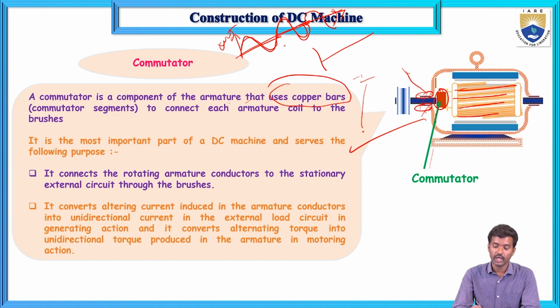This is a bidirectional current, so it converts it to unidirectional current, from AC to DC, in case of a DC generator. In case of a motor, it converts alternating torque into unidirectional torque produced in the armature in the motoring action.